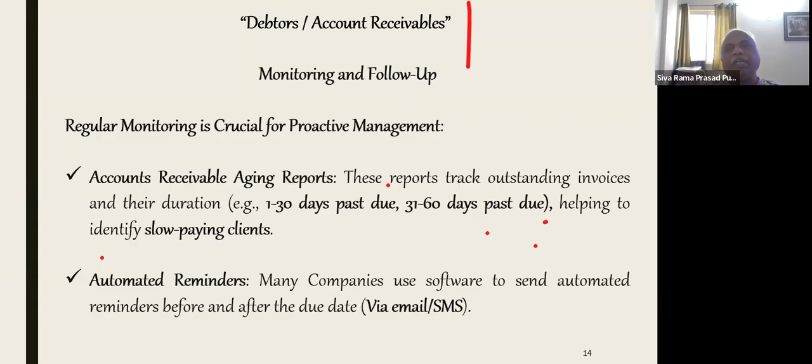Whenever we have taken a housing loan, car loan or personal loan, messages automatically come: "Your installment is due in 2 days." Or if the installment is not paid, "Yesterday your installment was due, still not paid," then it attracts a penal rate of interest. Like that, some SMS or emails automatically populate. That type of system is also there in the companies.